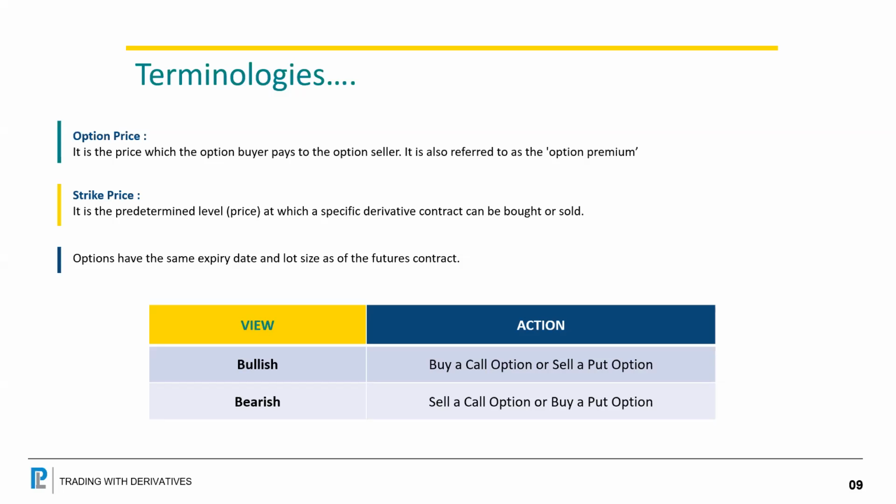Strike price is again a predetermined level at which a specific derivative contract can be bought or sold. Like I said, Reliance is quoting at 2150. If you go to the option chain of Reliance, which I'll also show you in coming slides, there are many strikes: 2000, 2020, 2040, 2060, 2080, 2100. Every 20 rupees gap in Reliance, you have a strike. So that is the strike price.